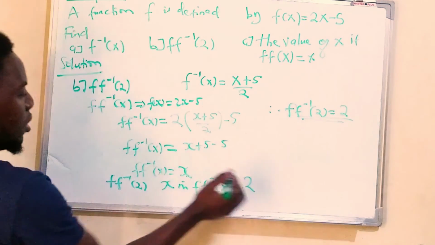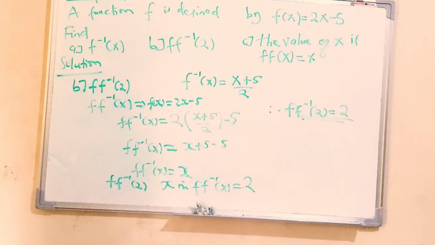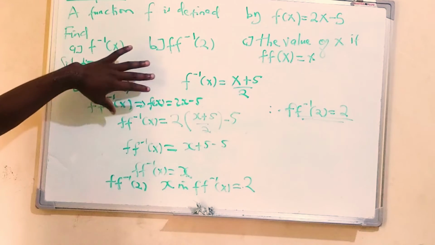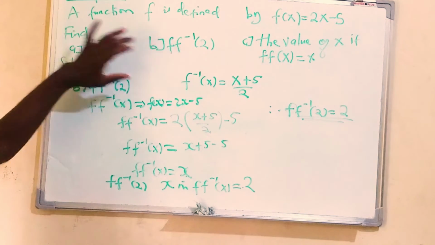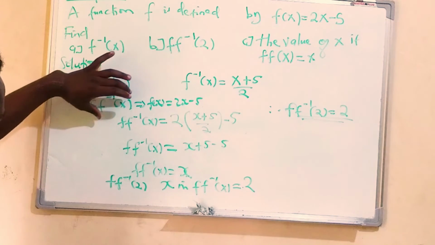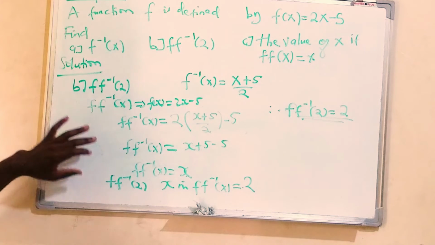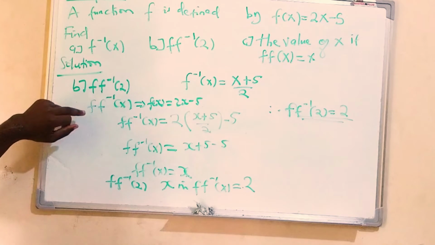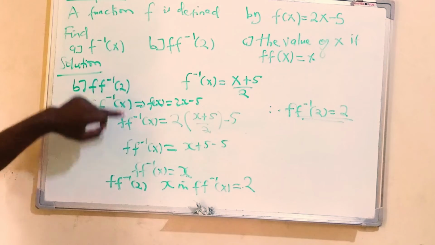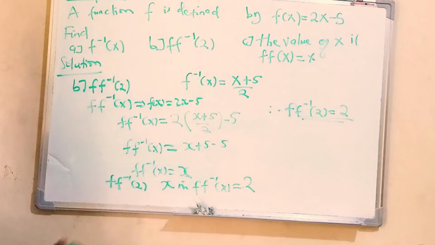So we first started by finding f of f inverse of x because we didn't find it anywhere. After finding f of f inverse of x, we now replace x with 2.